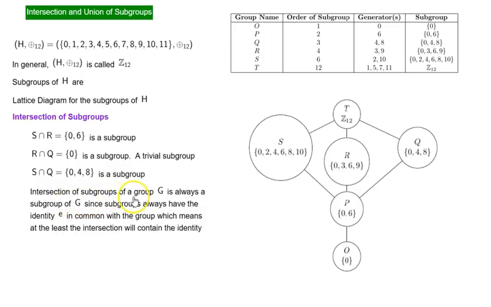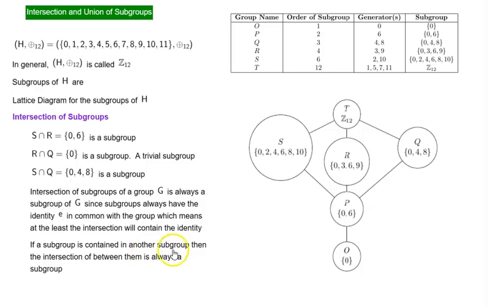So intersection of subgroups of a group G in general is always a subgroup of G, since subgroups always have the identity E in common with the group, which means at the least the intersection will contain the identity. And a subgroup containing only the identity is a subgroup.